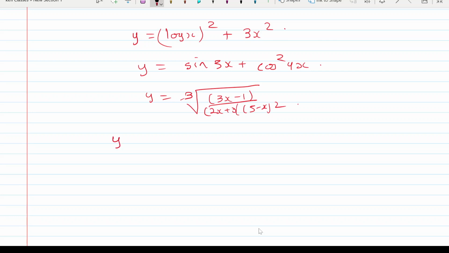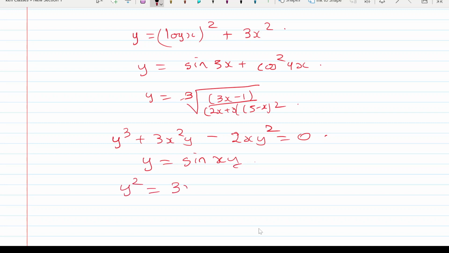But now I'll write a function like this: y cube plus 3x square y minus 2xy is equal to 0, or let's take 2xy square, or y is equal to sin xy, or y square is equal to 3xy plus 25, something.